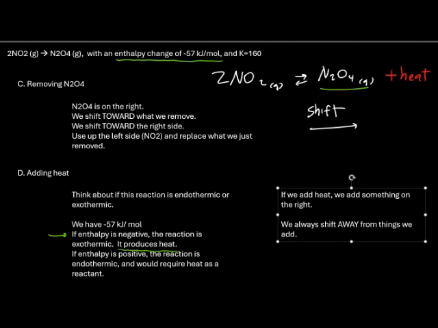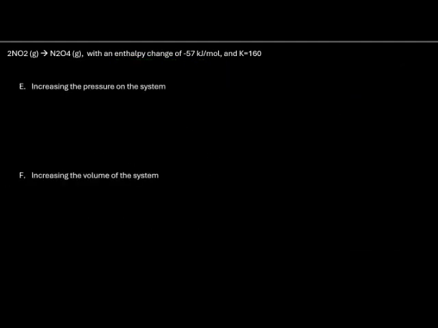What that means is, since the heat's on the right, we shift away from the right, and so adding heat would shift us left. Of course, this all depends on what side the heat is on. So it's important to check your enthalpy and make sure we recognize whether the reaction is endo or exothermic.